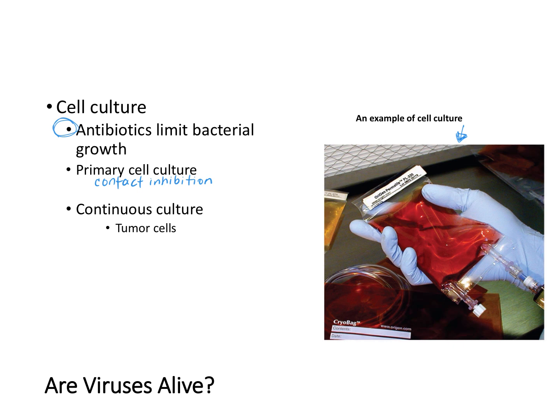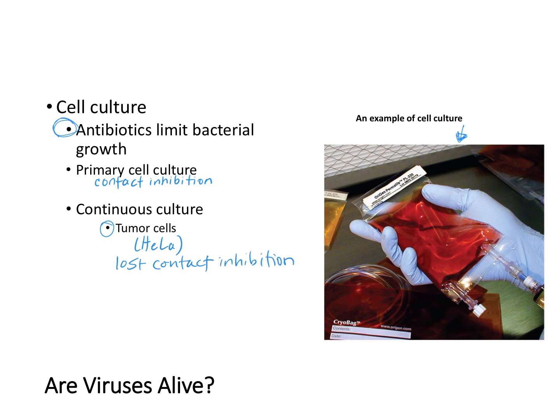So a lot of times we like to use a continuous culture where we use a different kind of cell. We use cells that have been harvested from tumor cells. The most famous ones are HeLa cells. The tumor cells have lost their contact inhibition.